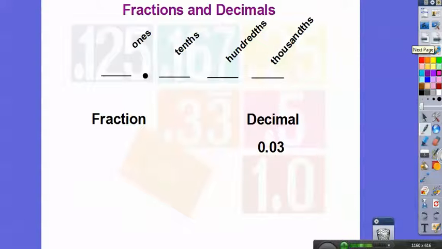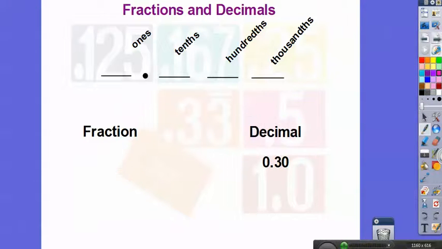What about 3 hundredths? Well, I know since I'm saying hundredths, my denominator is going to be 100, and there's a 3 in the hundredths place, so it's 3 hundredths. What about 3 tenths or 30 hundredths?